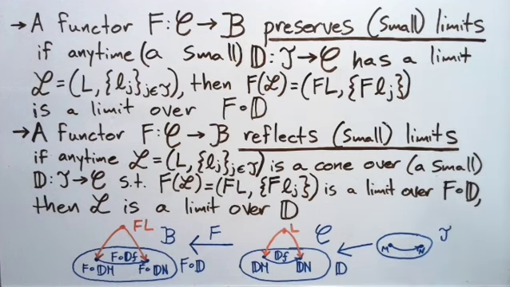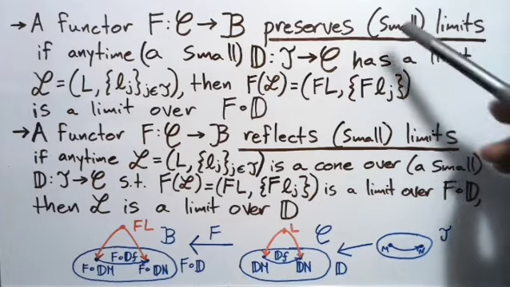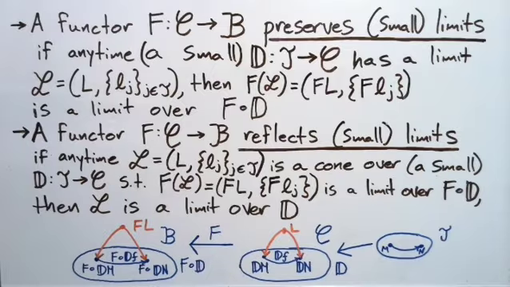So for example, let's take a look at the first definition. Let's look at the non-small version first. So we're not going to read anything in parentheses relating to anything being small.